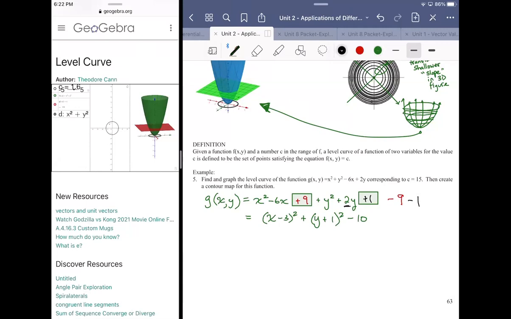Now, if I let c equal 15, where c is equal to z, so z equals c, and c is defined as 15 because this is our set of level curves. It's the set of z values, really the levels, that give level curves.